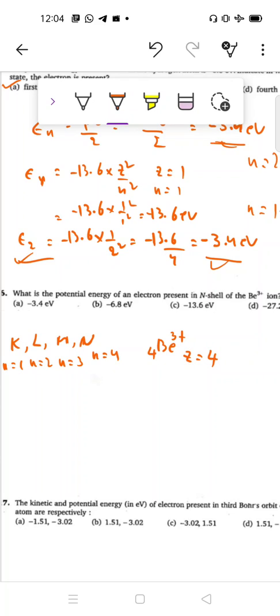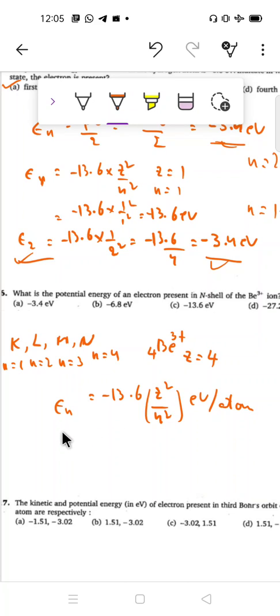They ask you the potential energy of the electron present in the nth shell. So let us write an equation. For the N shell, En is equal to minus 13.6 Z square by N square, in electron volts per atom.